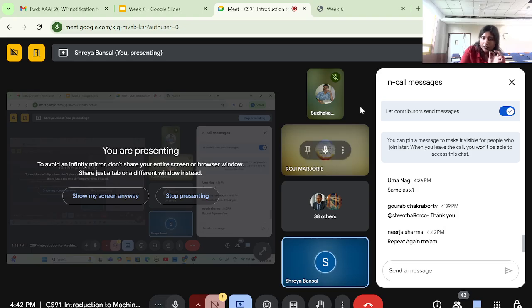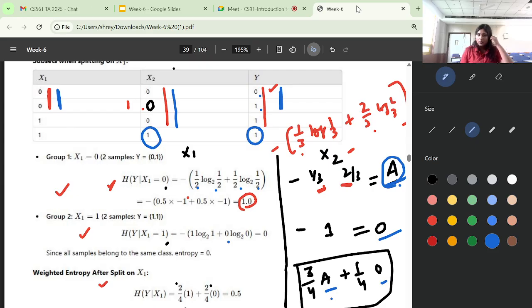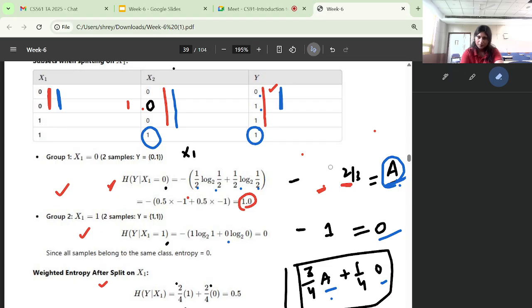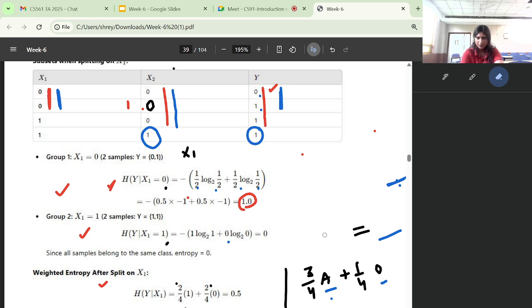Repeat again. Okay, look, let me give you another example. Let's take the same example, then only you will be able to get this.